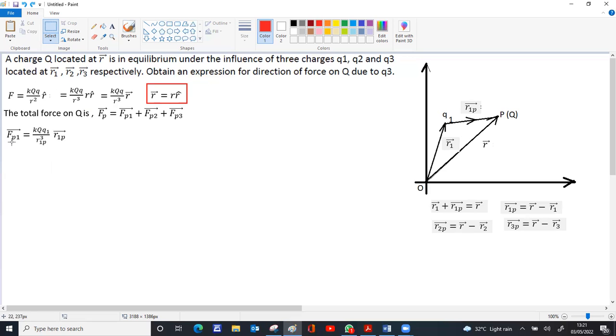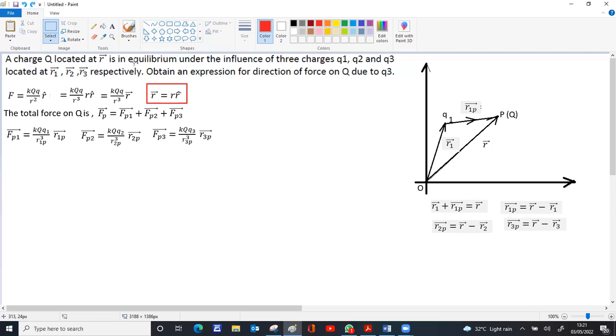Similar to this, force on P due to 2 will be KQQ2 by R2P cube, direction R2P. Same way FP3 will be KQQ3 by R3P cube, direction vector R3P.